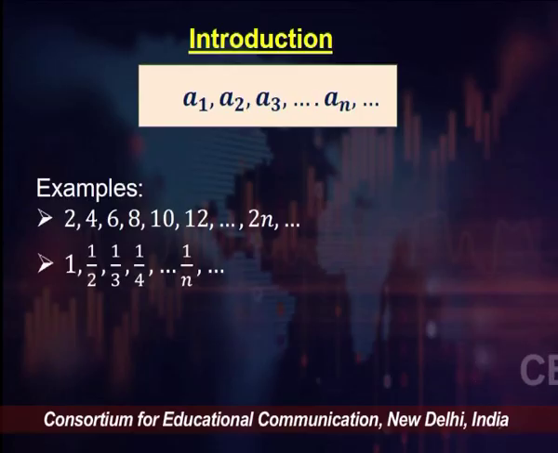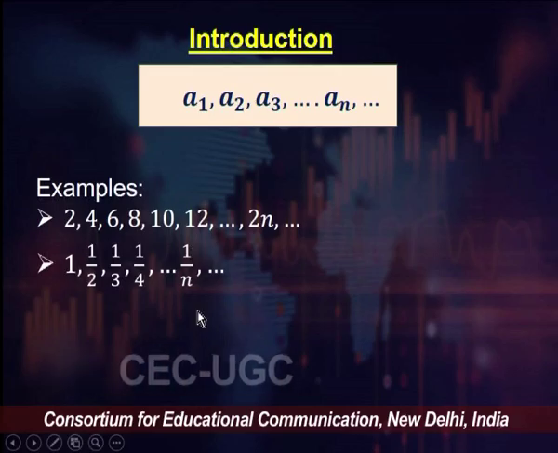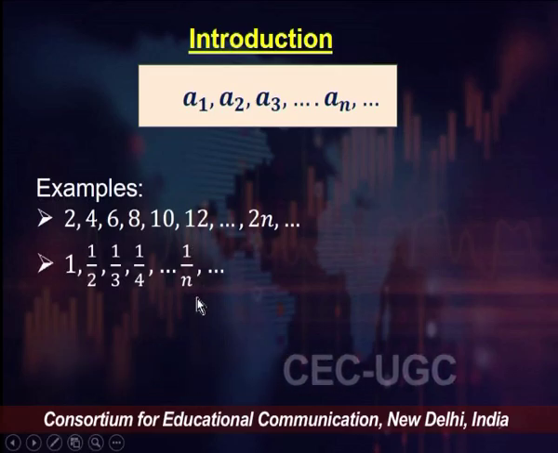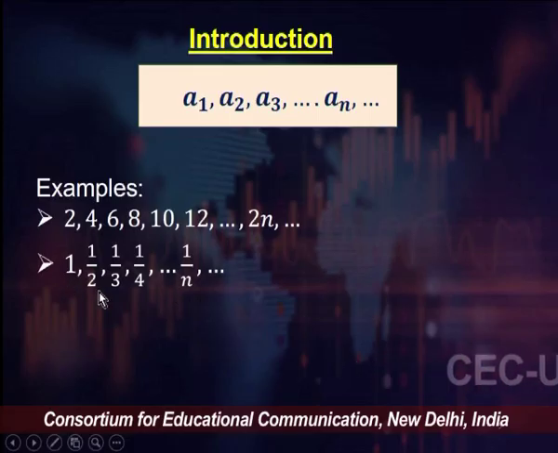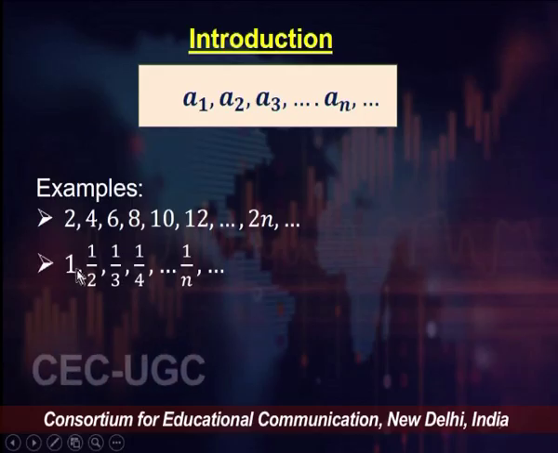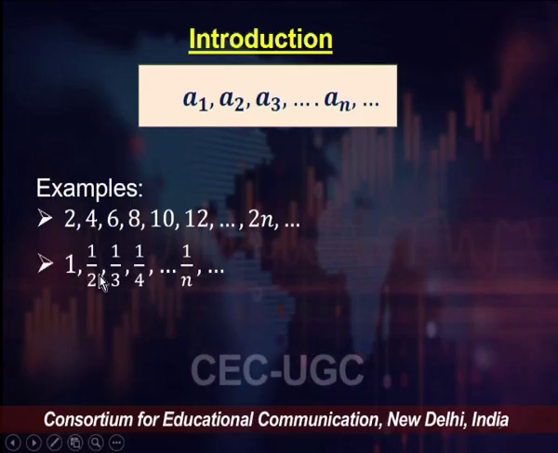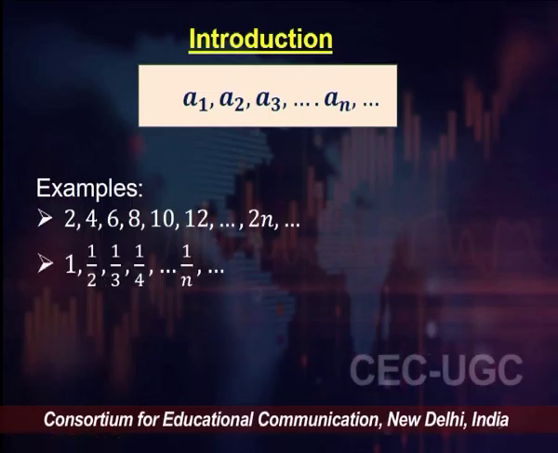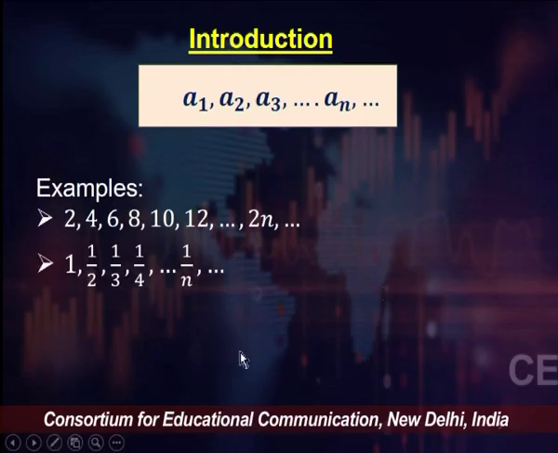Similarly, you can look at this sequence. This is another example of an infinite sequence where the general term is 1 by n. We can use this general term to unravel the terms of the sequence, so that when n is equal to 1, you get a 1, then you have a half for n equal to 2, 1/3, 1/4 and so on.